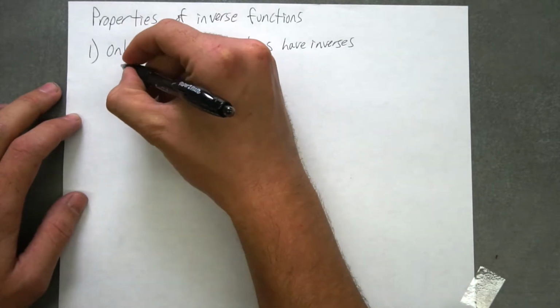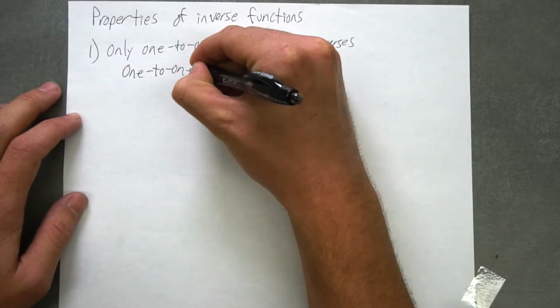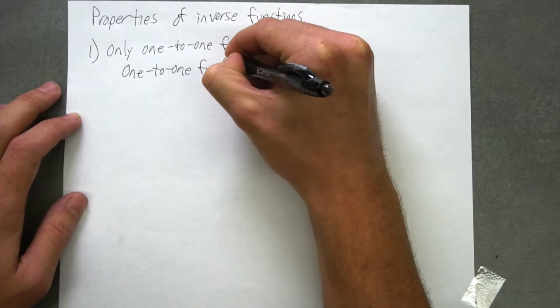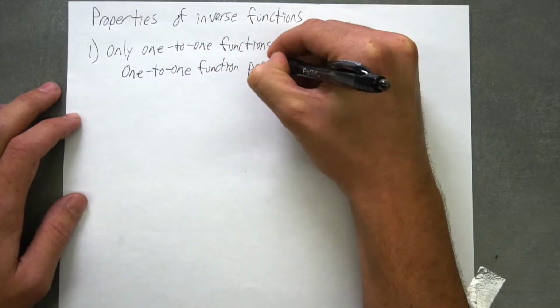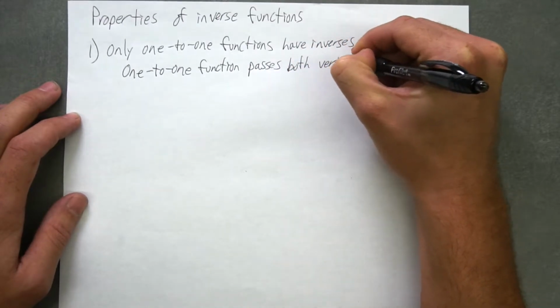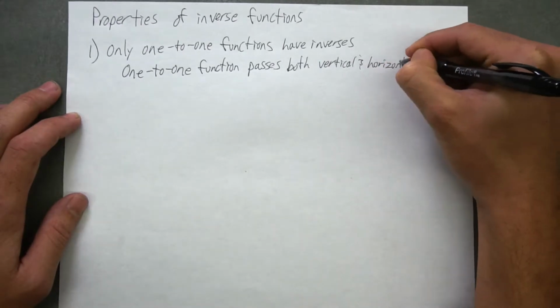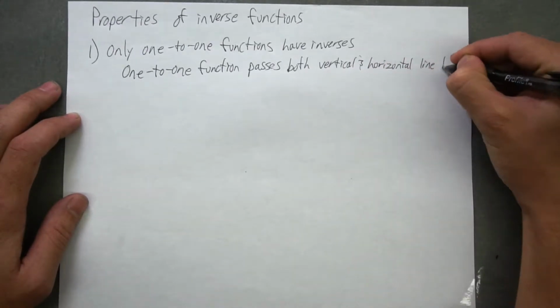So let me write that here for you. One-to-one function passes both vertical and horizontal line test.